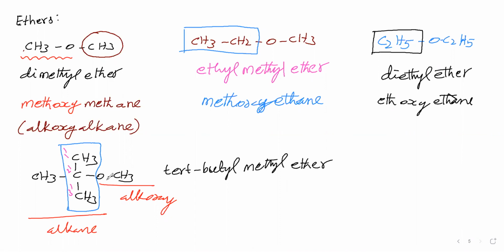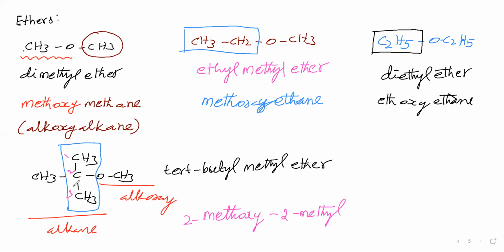This alkoxy part is methoxy. This methoxy is present at which carbon? It is present at the second carbon of the parent chain. So 2-methoxy. Otherwise, we need not mention the dash here; just the number is enough. This methyl is present at the second carbon, so now write 2-methyl.